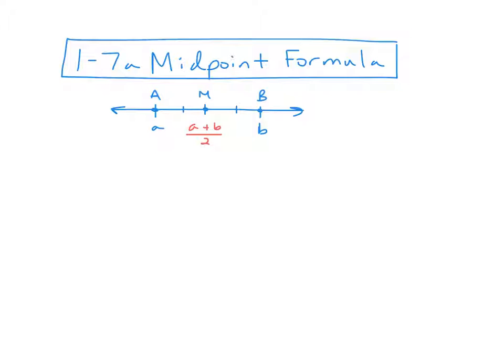In the coordinate plane, which is what you're going to do more, it's this. And I'm going to write this out as the formula. This is the midpoint formula, just so you have reference to it if you would like to use it later using this terminology.